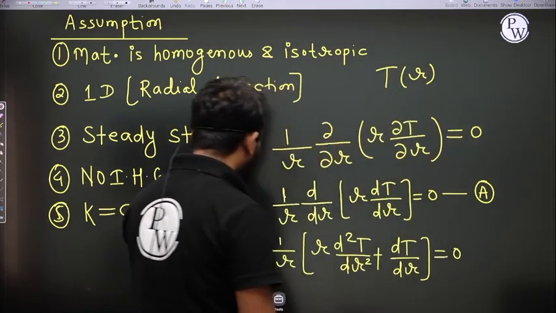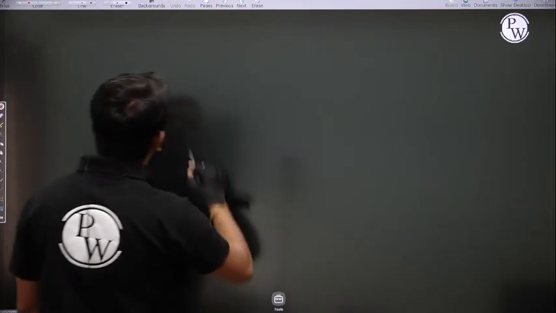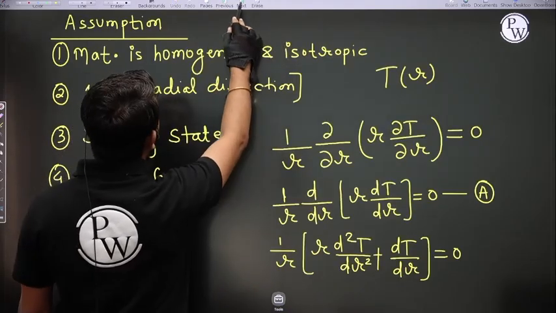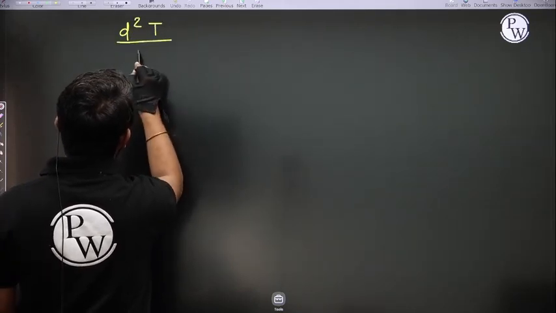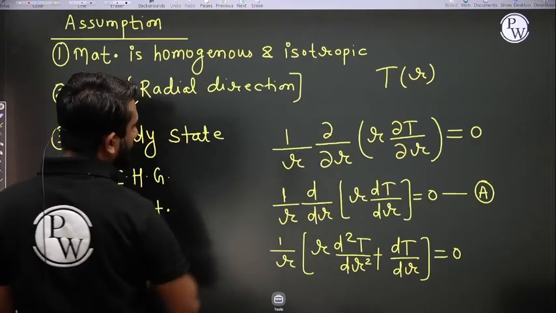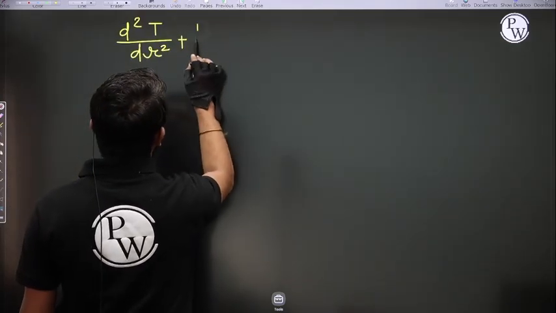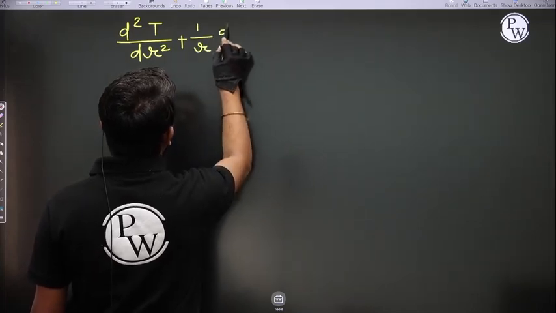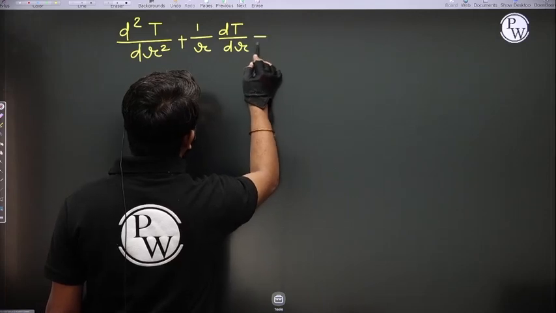So ultimately, the 1 by R term goes inside, and you get d square T by dr square plus 1 by R dT by dr is equal to 0.